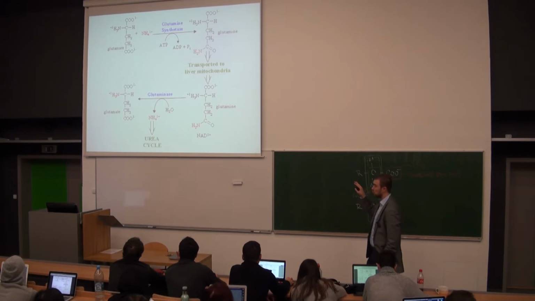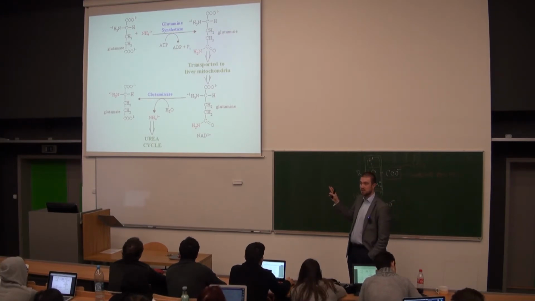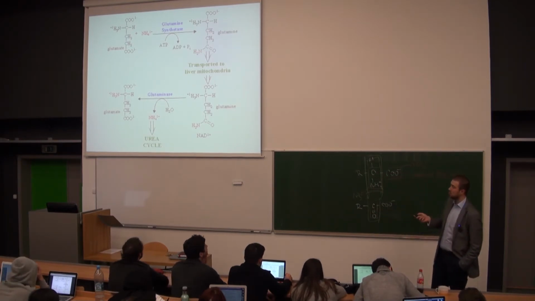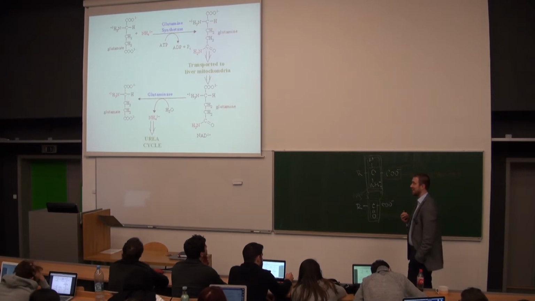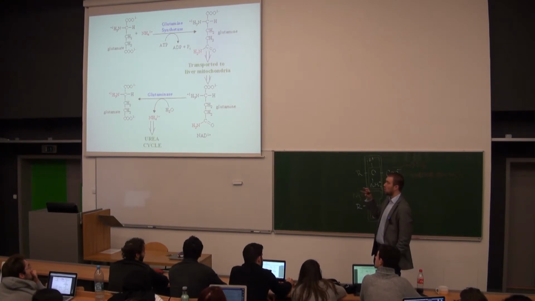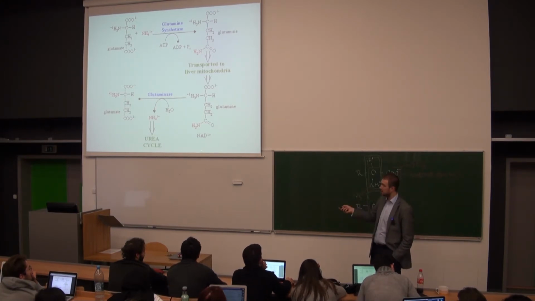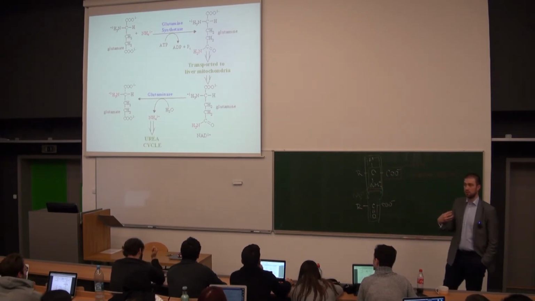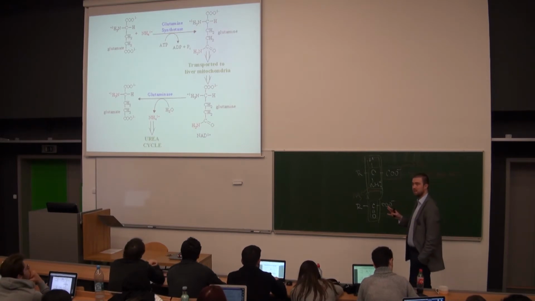So you should not think that these are opposite processes, that here it costs you ATP and here you produce nothing. These processes do not proceed in the same compartment or the same organ. Typically you have glutaminase in the organs that can get rid of the ammonia. That's typically the liver tissues or the kidneys, which can excrete the ammonia in the urine. And glutamine synthetase is in the peripheral tissues to consume the ammonia that's toxic for you. So do you understand this?